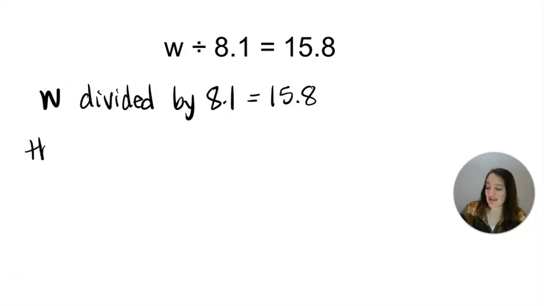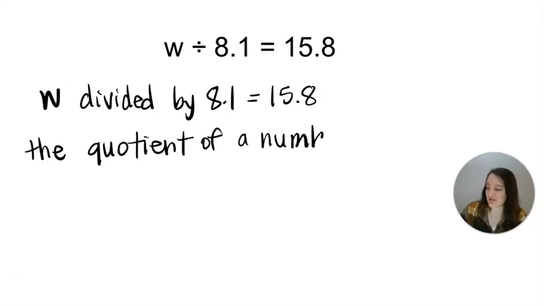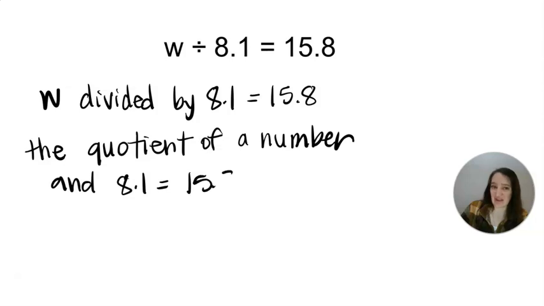You could say, here's the fancy way now, the quotient of a number and 8.1 equals 15.8. Okay. So those are your options.